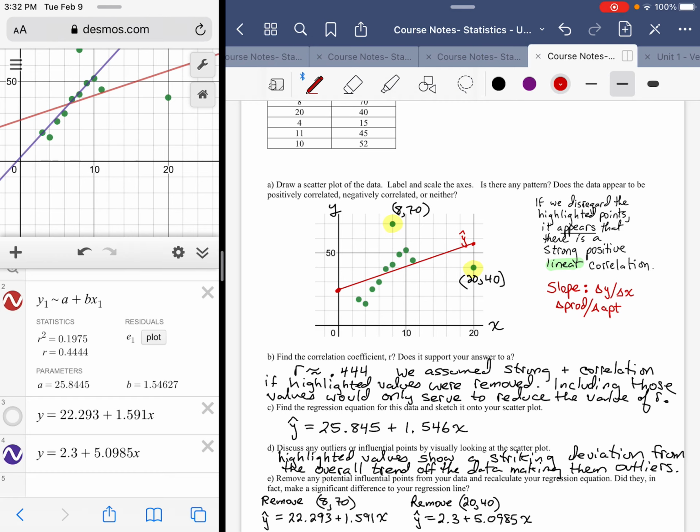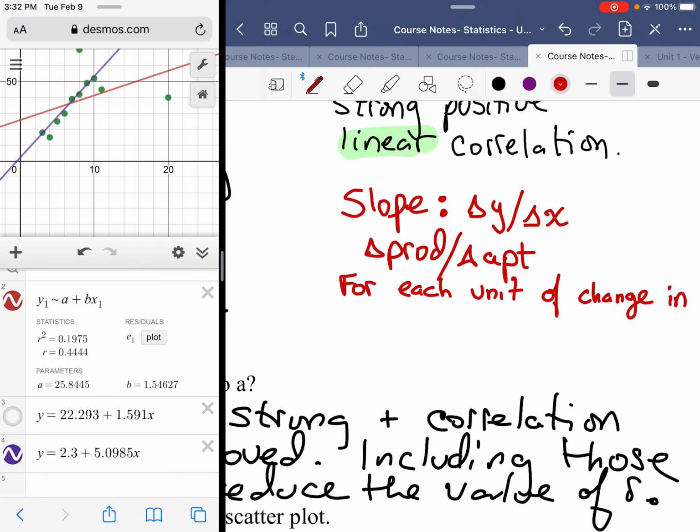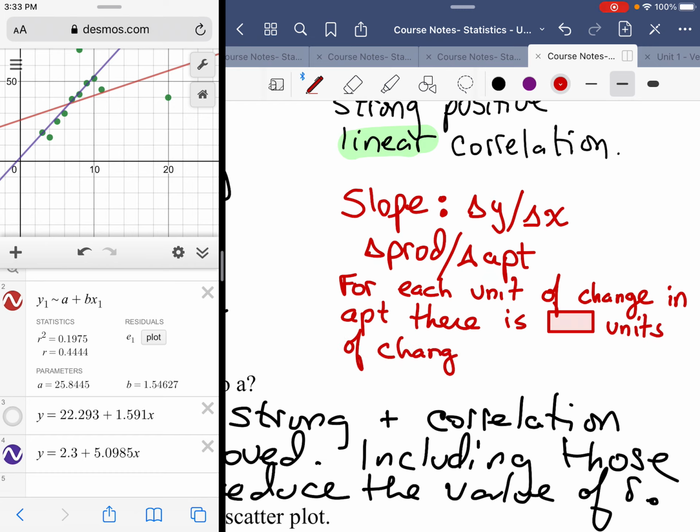So the interpretation here is, and I'm going to bring this in so I can actually write it: for each unit of change in aptitude, there is blank units of change in productivity.